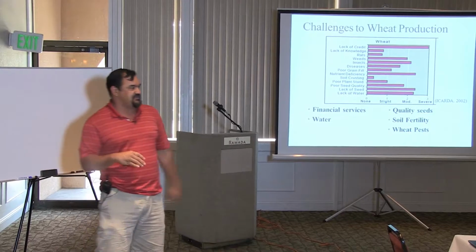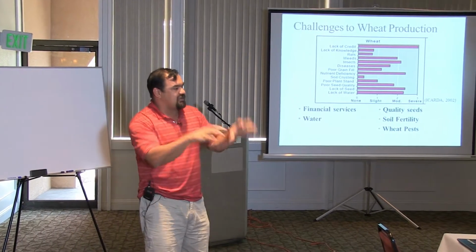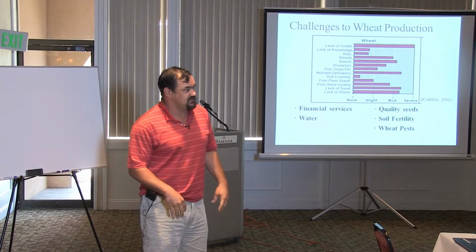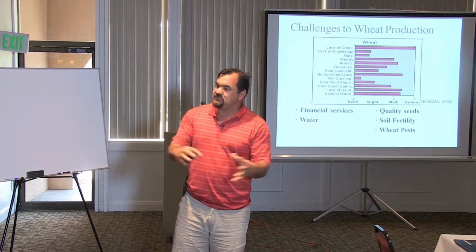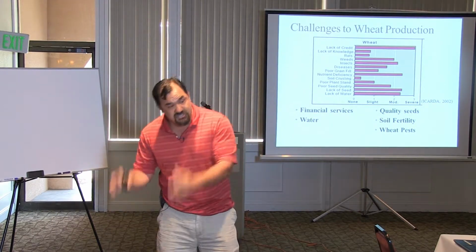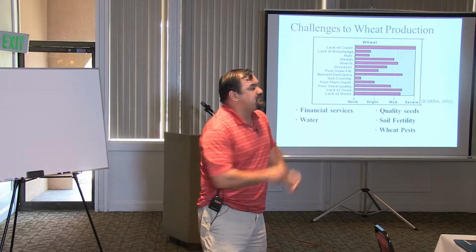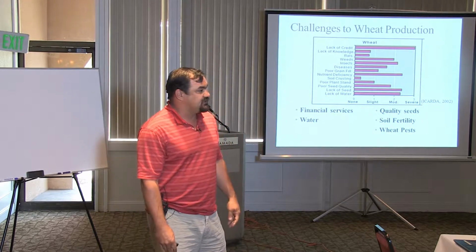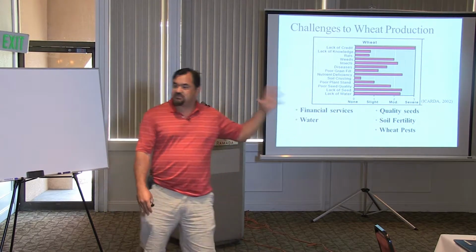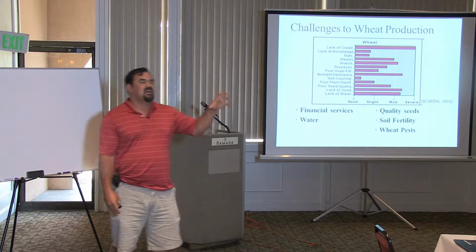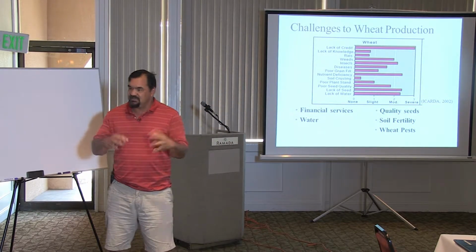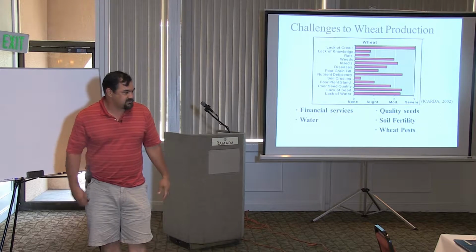After the first 10 or 15 minutes, we'll narrow in on actual production practices. And when we do that, I will give you some examples of things that we can show on farm that might be able to improve productivity. Most of these initial challenges we're going to go through are going to require other things, but they're all going to be linked together in a certain sort of way.